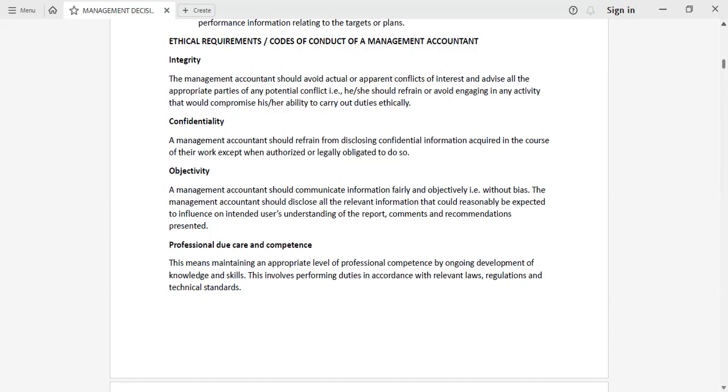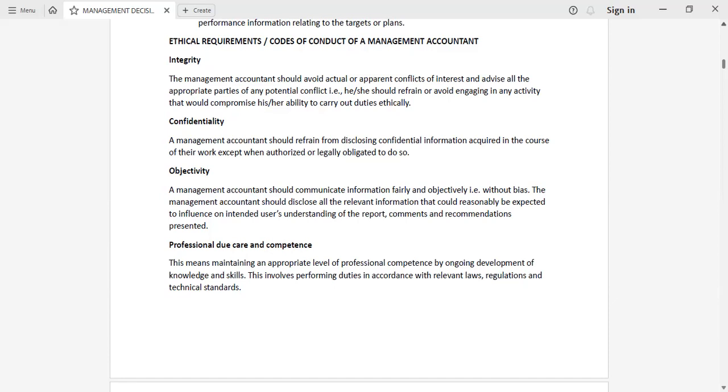Let's try to look at confidentiality. We are saying that a management accountant avoids disclosing confidential information acquired in the course of their work, except when authorized or legally obliged to do so.